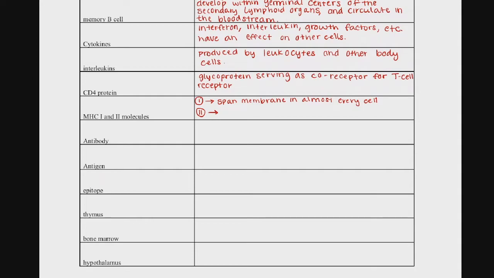While class 2 are restricted to cells of the immune system called macrophages and lymphocytes, so found only in macrophages and lymphocytes.